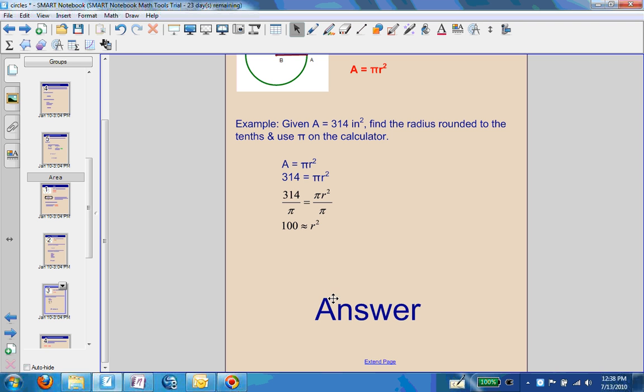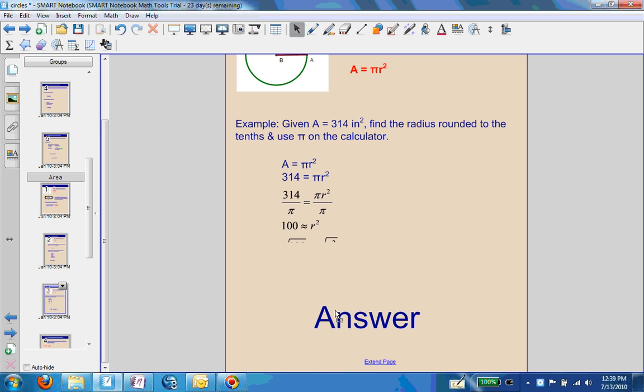When we get the radius squared by itself, if we round, we get approximately 100, which is nice because whenever we are working with some variable squared, we are going to have to take the square root of both sides in order to solve for it. So we really want a perfect square. So I'm going to go ahead and round that to 100 to make this a very easy number to work with, since it's really close to 100.